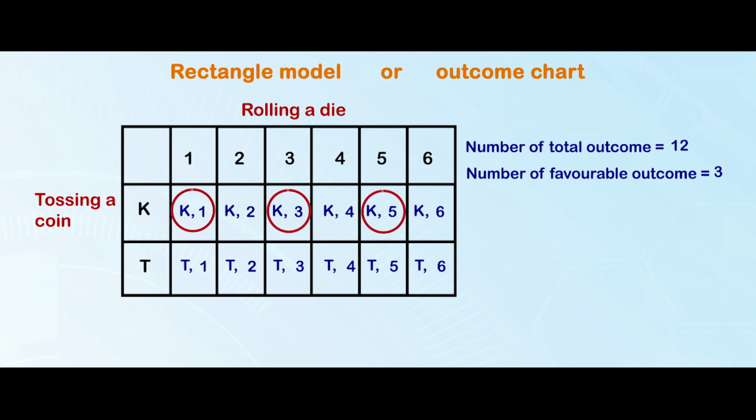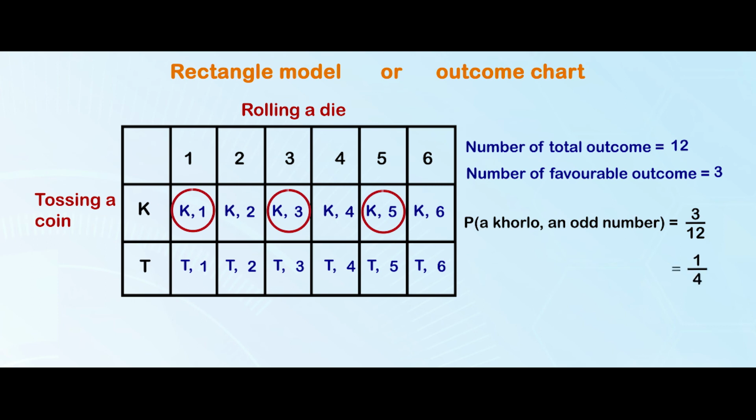Since we have the number of total outcomes and number of favorable outcomes, now you determine the required probability. So the required probability here is the number of favorable outcomes, which is 3, over the number of total outcomes, which is 12. Since both numerator and denominator are multiples of the same number, it can be further simplified as 1 over 4.